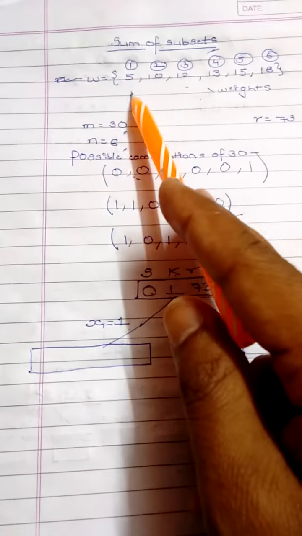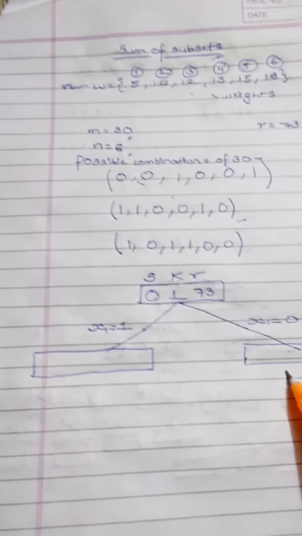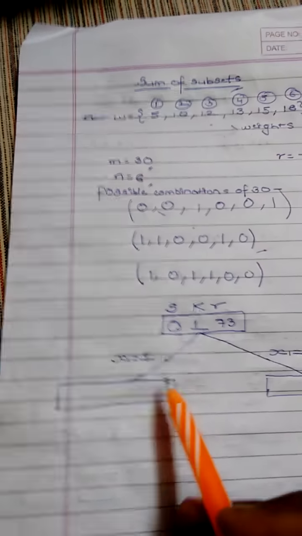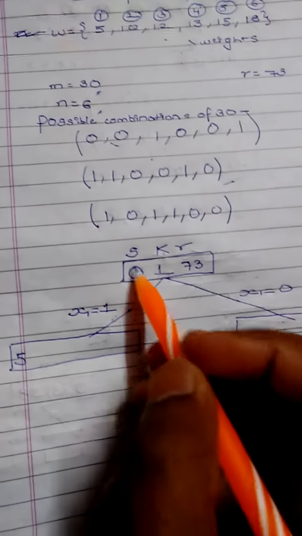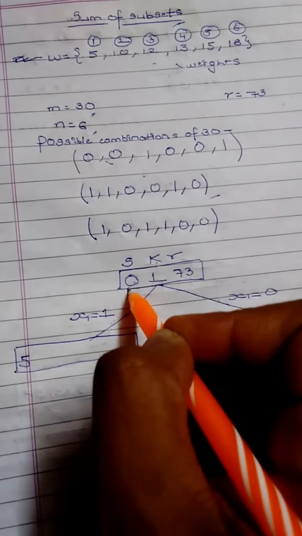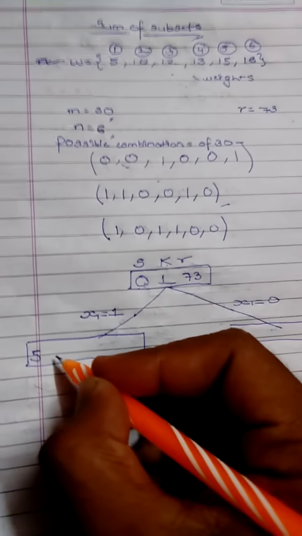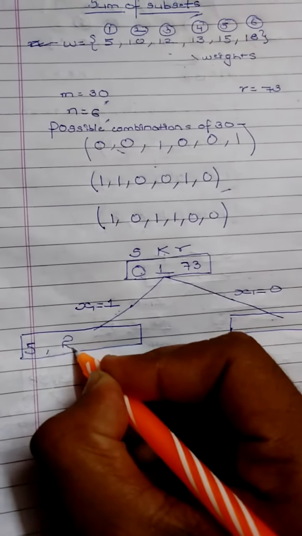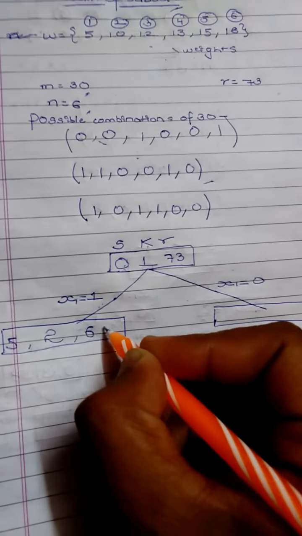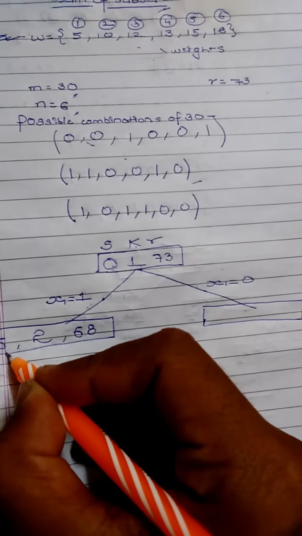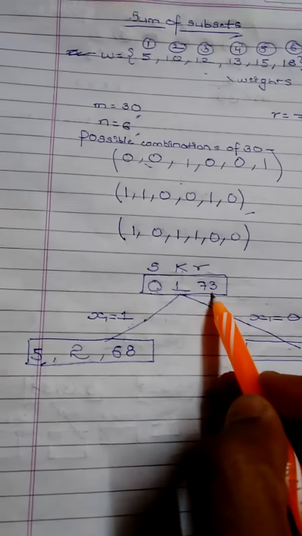If we have taken the first weight in my subtree, you will write 1. If you have not taken the first weight in your subtree, then you will write 0. That is, if I have taken 5 in my subtree, my sum will become 5 because my initial sum was 0. Adding the first weight to my initial sum, 0 plus 5 gives me 5. I will move to my next index, that is 2, and R will become 68 because I have used the weight 5, so I have subtracted 5 from 73.